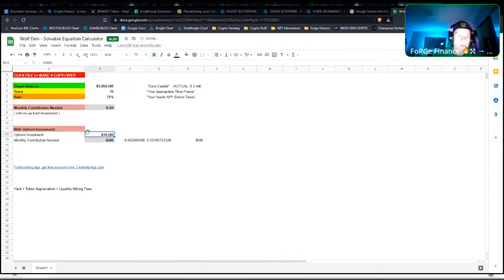If you're starting with $10,000 and you're getting an average of 70% APY for 10 years, you're making $260 more than you need. You can actually pull $260 out and put it into something safer to lock in more certainty into actually getting what you want.